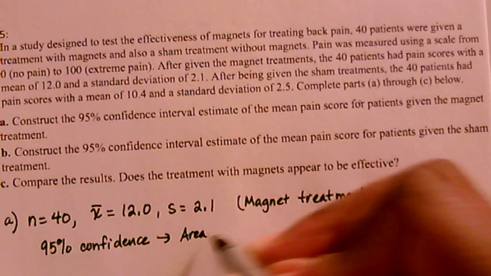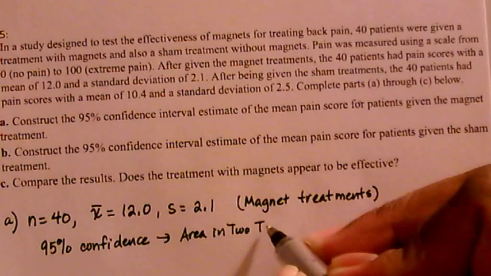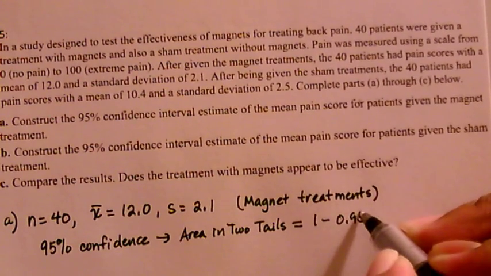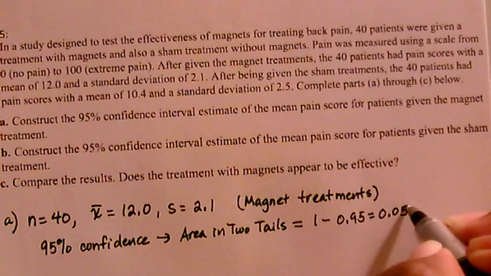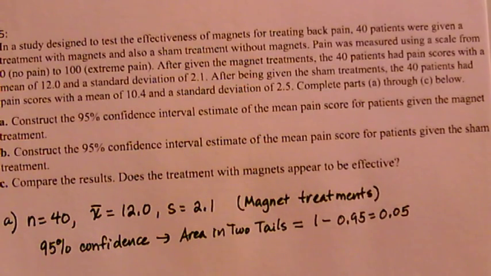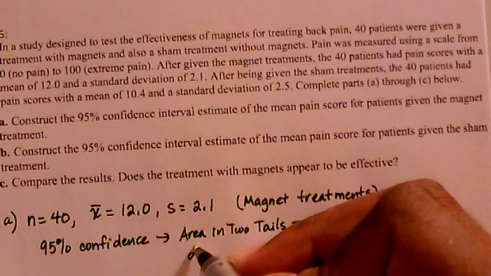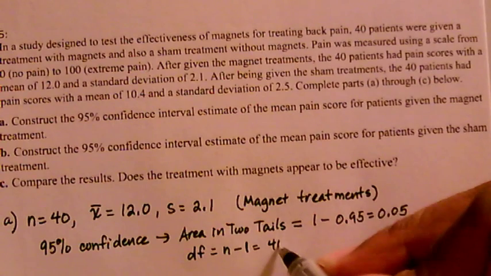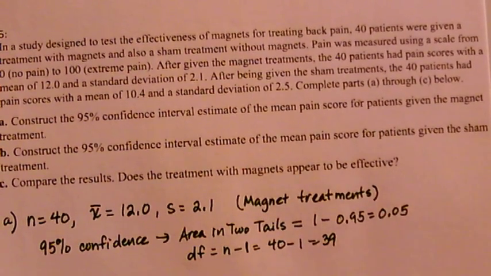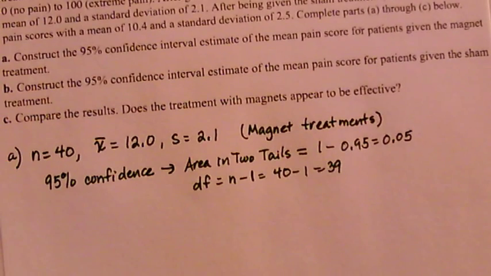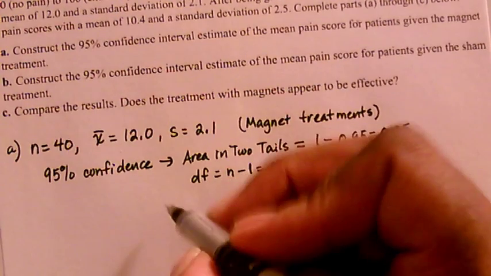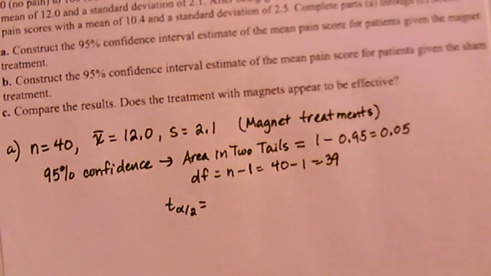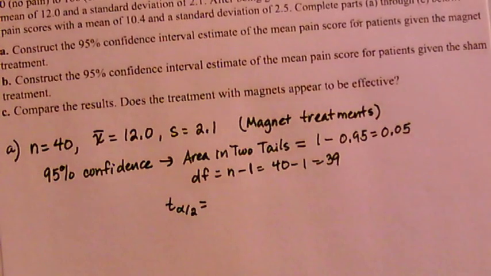So your area in 2 tails is this: 1 minus 0.95, which will be 0.05, which is what you'll be looking for in the area in 2 tails row. And then your degrees of freedom is n minus 1, which means 40 minus 1, which is 39. So in the table, we're going to be looking at 39 and 0.05 in 2 tails to find out what t of alpha over 2 is going to be.